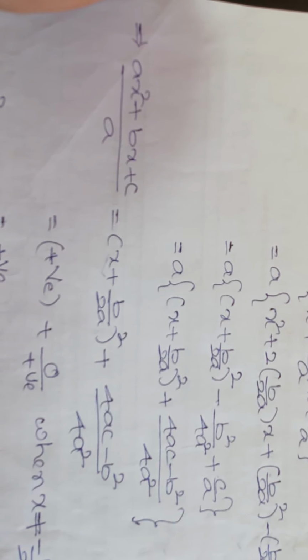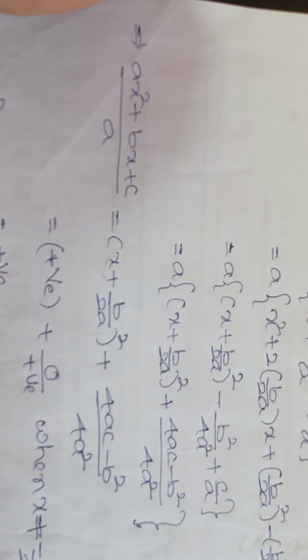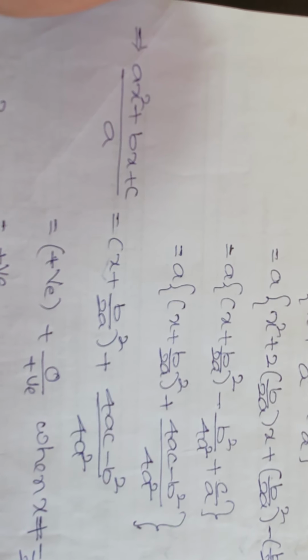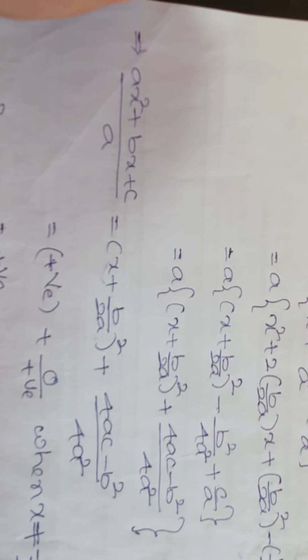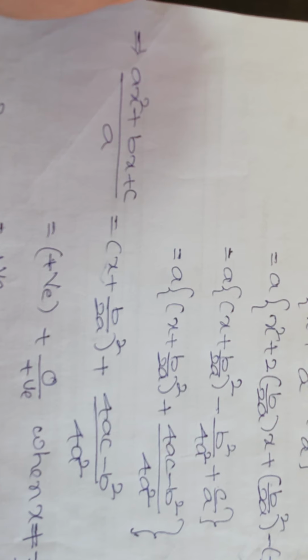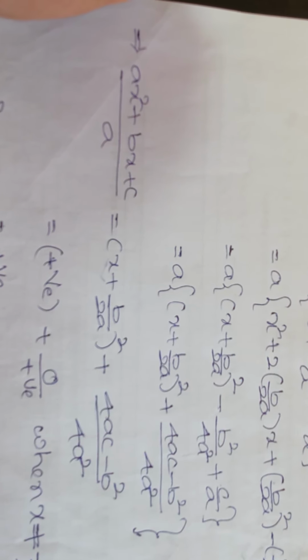That means if a term has a square, then it is either 0 or positive. Either 0 or positive means it is non-negative. But here it is clearly given that x is not equal to −b/2a.